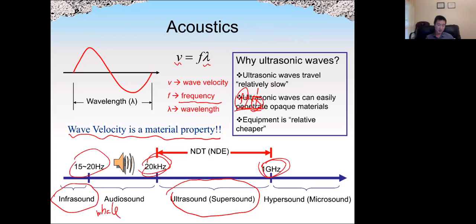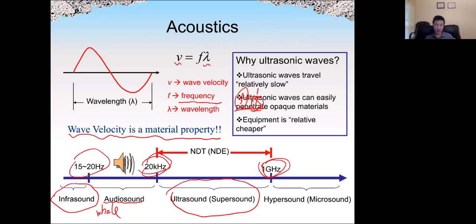So this is outside the audio sound range, so human beings cannot hear that, but infrasound can travel a long distance. Okay, so that's how they can use infrasound to communicate over a very long distance.